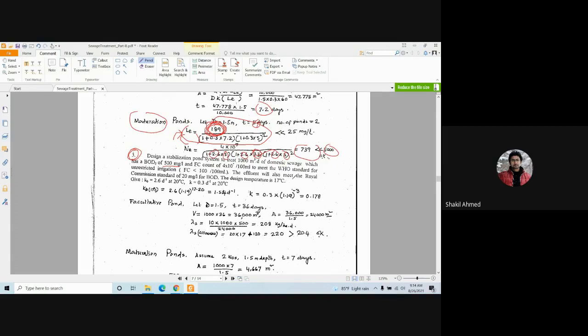The effluent will also meet the Royal Commission standard of 20 milligram per liter for BOD. Okay, fine. So 500 has to be reduced to 20, and fecal coliform has to be reduced from 4 into 10 to the power 7 to less than 100. The design temperature is 17 degrees Celsius.